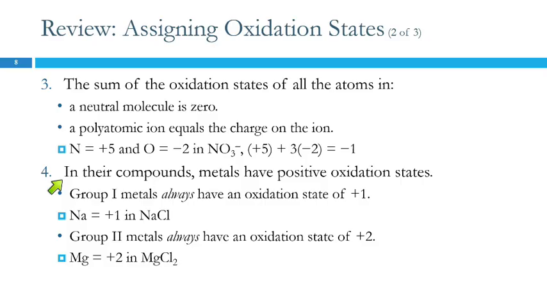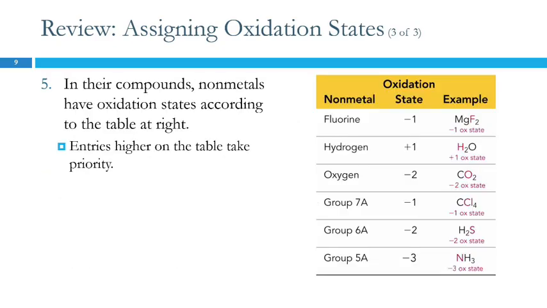In compounds, metals have positive oxidation states. In compounds, metals are ionic and they have positive charges, right? So that's just all the same as charge. This is the only thing that's different. What about the nonmetals? We can have nonmetals reacting and it can still be an oxidation-reduction reaction.